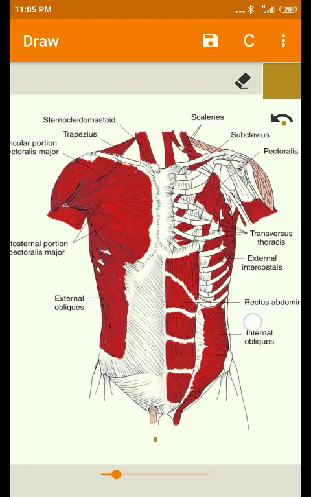Firstly, increased intra-abdominal pressure created by lowering of the diaphragm in inspiration. Once the diaphragm is lowered, what happens?